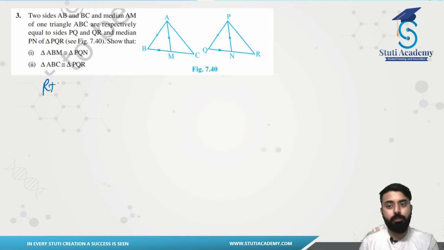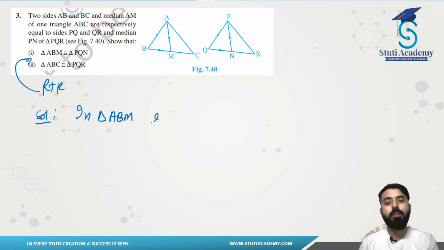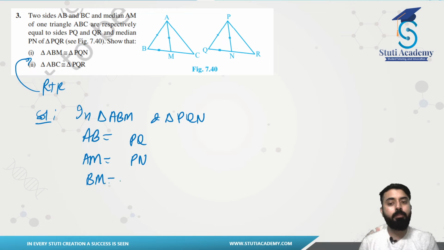So required to prove, you can easily write these two. Now for the solution, or you can say the proof. In triangle ABM and triangle PQN, I can see AB is equal to PQ, I can see AM is equal to PN, I can see BM is equal to QN. Given, right? That is the point.